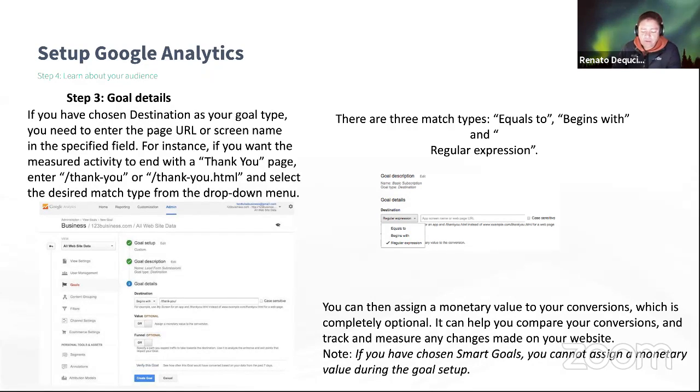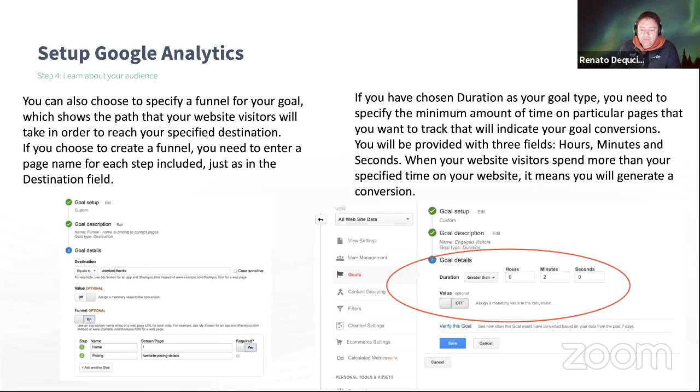So you can put that monetary value in, and Google will present you with that number when you go through your analytics reports. It will say you've had it downloaded 10 times and you've made 100 Rand out of that ebook, as an example. So it helps you track what you want people to do and to see if it's working and the benefits that you get out of it.